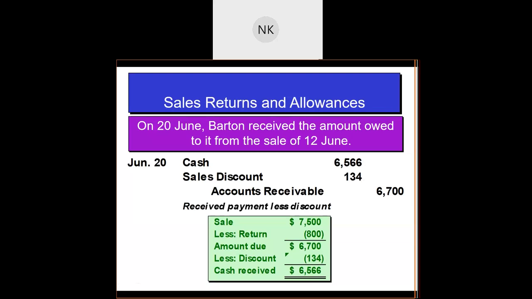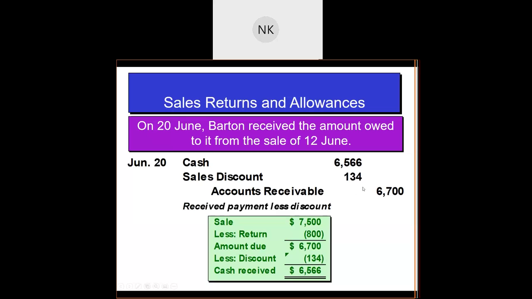And this one is different from the sales discount just now, because just now you didn't reduce the AR, so it should be deducted at the full amount. In this one, because you reduce the AR, it should be the reduced amount of sales or accounts receivable.